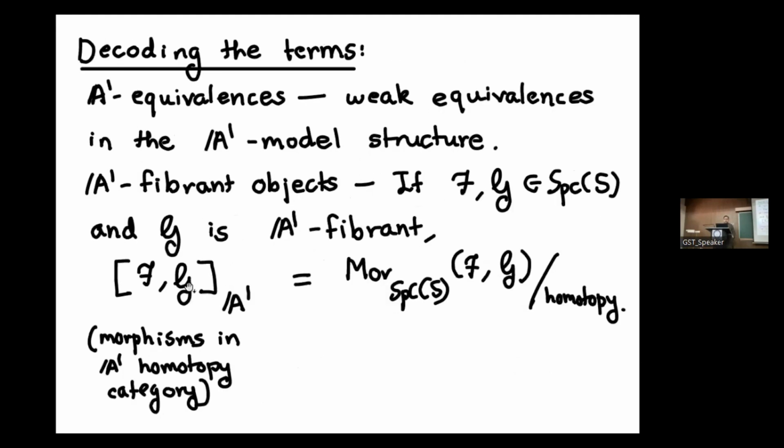So let us see what this does. I'm just decoding the terms here. I said these are just the weak equivalences in the A1 model structure. And so what does it mean for an object to be A1 fibrant?